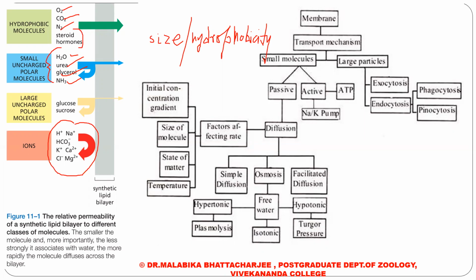So in a nutshell, the smaller the size of the molecule, the faster it can diffuse across the plasma membrane. The more hydrophobic the molecule, the faster it can diffuse across the plasma membrane. Polar molecules, but smaller in size, can also diffuse across the plasma membrane, but at a slower rate. Ions cannot diffuse across the plasma membrane.